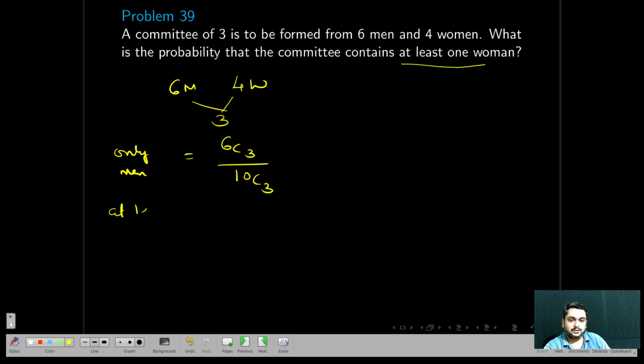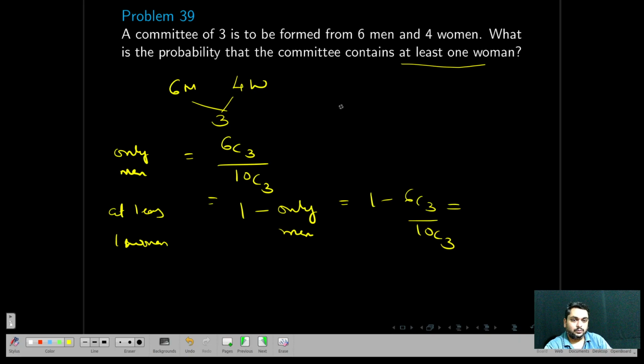Now at least 1 woman means what? 1 minus only men, right? So this is equal to 1 minus 6C3 divided by 10C3. Or you can also do it in another way. How will you do it?